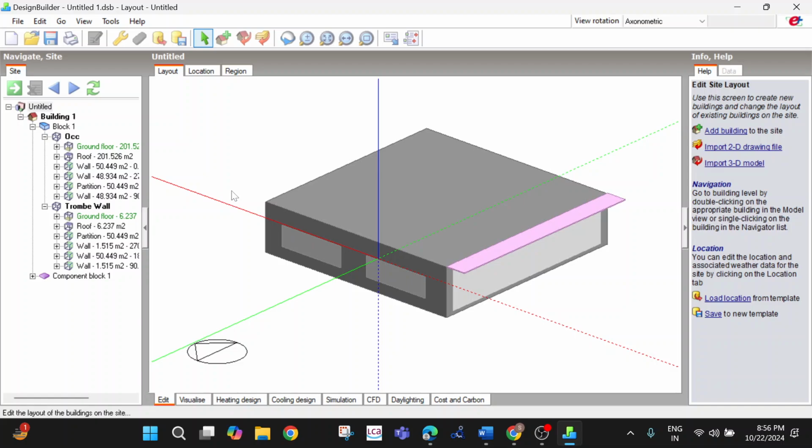What will be the effect of changing these features for this particular building? You can analyze that, and then you can answer which option will be the most suitable, or how much change in energy consumption it causes.